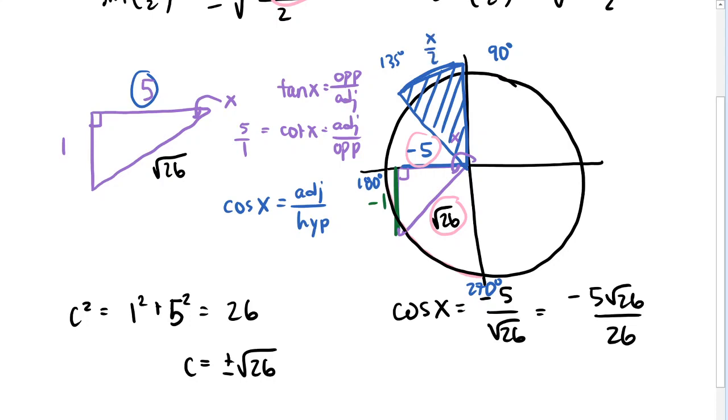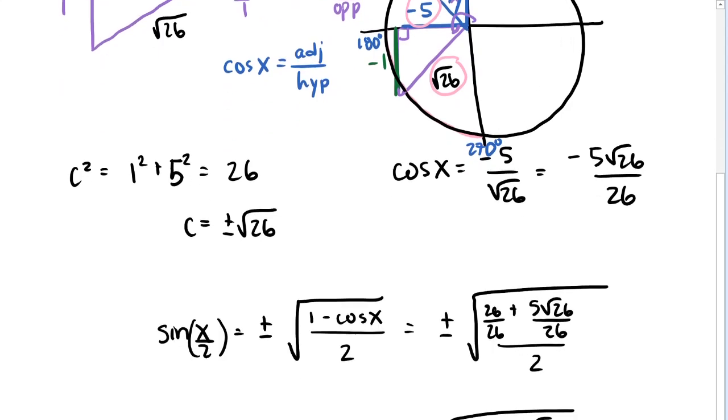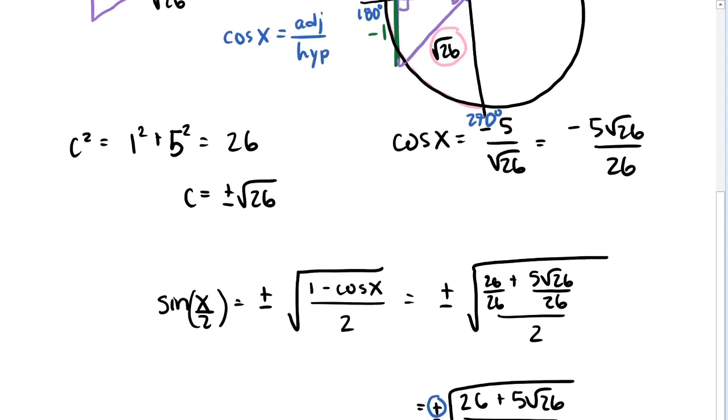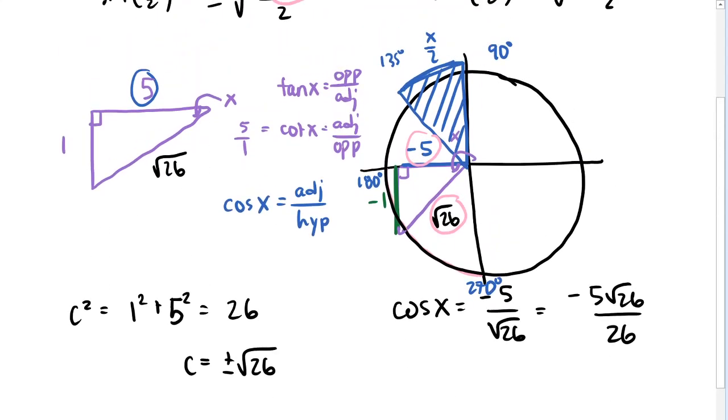And so sine of x over 2, the sine of the angle that ends up here, because it's above the x-axis, is going to be positive. Sine of x over 2 is positive. Now if we look at cosine of x over 2, we're going to be on the left side of our y-axis, in the negative horizontal coordinate positions, and so cosine of x over 2 is going to be negative.